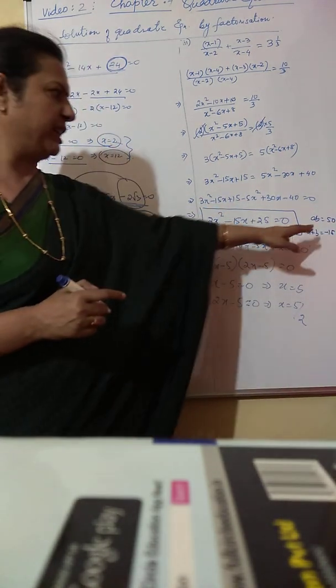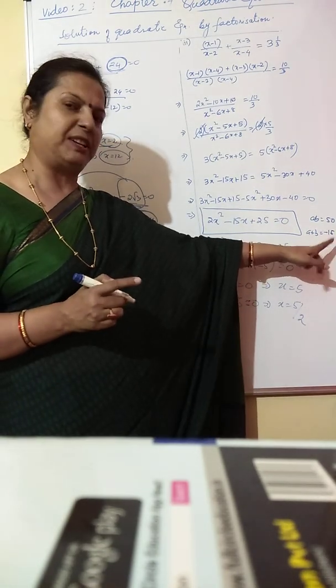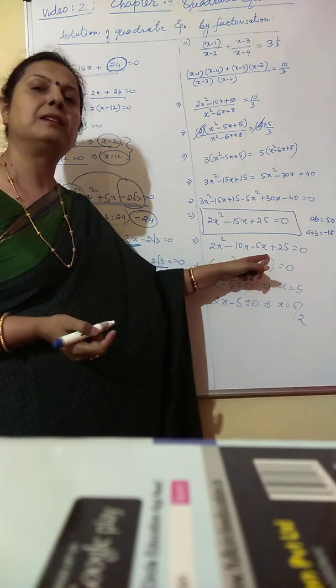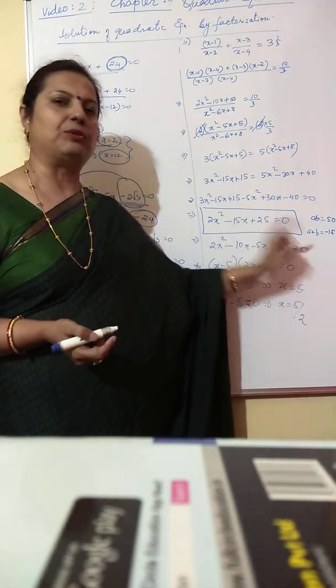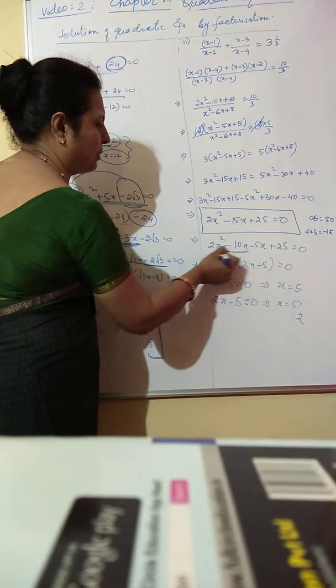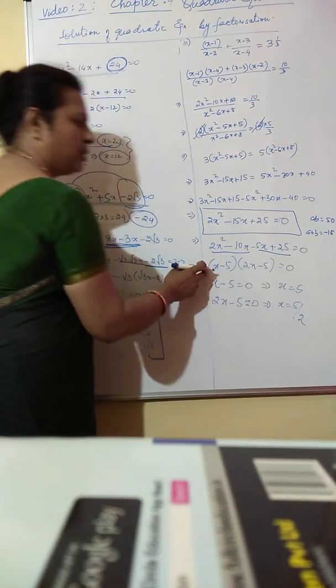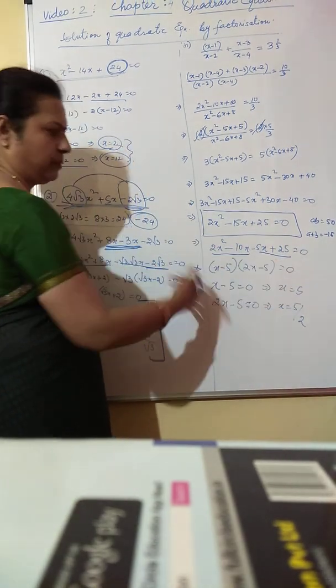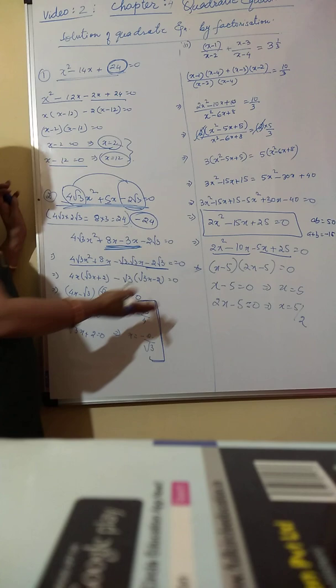So AB I am getting as 50, but A plus B I am getting as minus 15 if I split it in terms of minus 10x, minus 5x, plus 25 equal to 0. And then now collect the common terms from the first two and the last two. So it comes as x minus 5 into 2x minus 5 equal to 0. Now the general method of factorization.